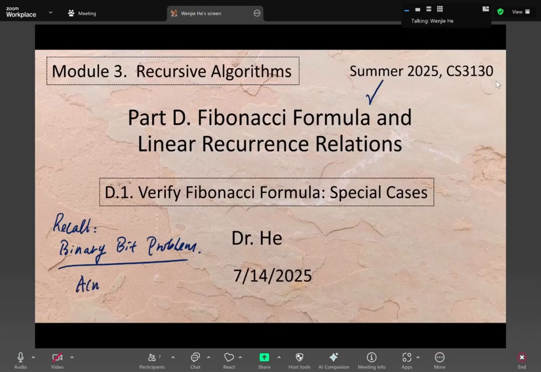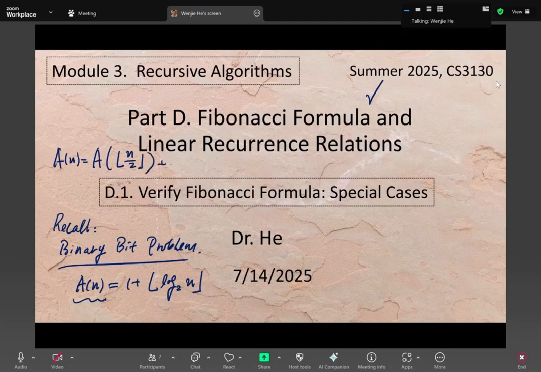A function equals 1 plus floor function of. So this formula, and we have the recurrence relation, as I remember: A of n equals A of floor of n over 2 plus 1, with an initial condition.